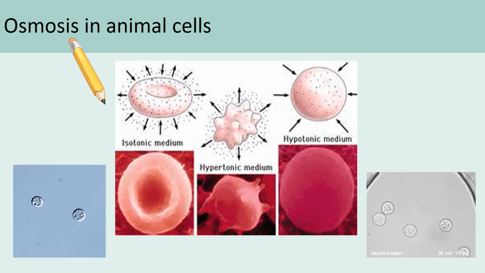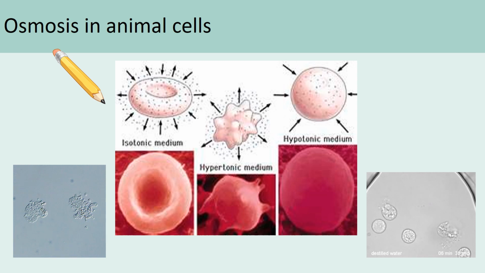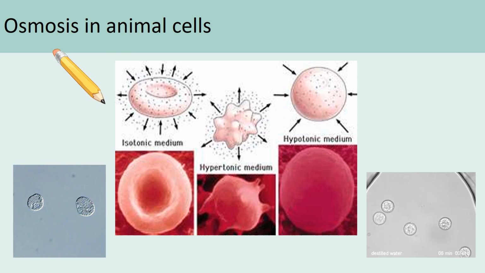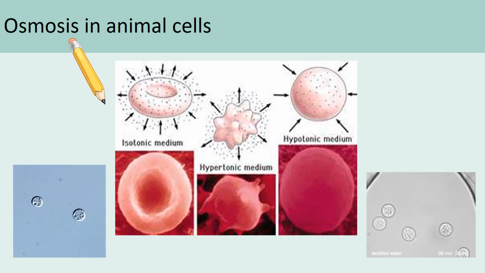So what I'd like you to do now, on the left-hand side you can see an animation, looking through a microscope at some animal cells that have been put into a solution that has a very, very high water concentration. I would like you to have a go at describing what is happening to those cells in terms of osmosis. So we need to be talking about the difference in the solute concentrations.